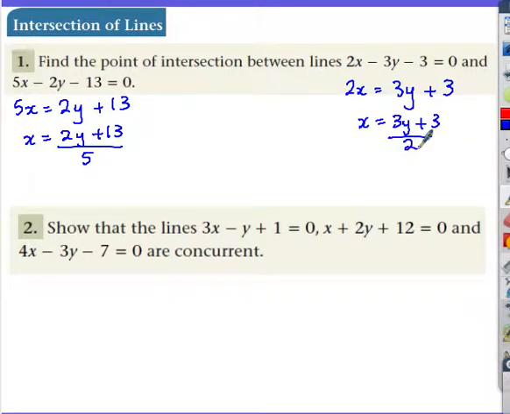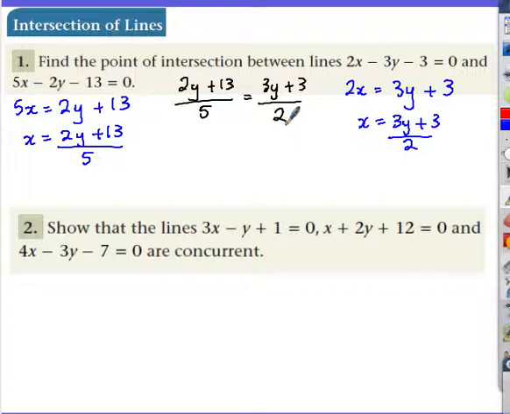Now this equals x and that equals x, so they're both equal to each other. 2y plus 13 over 5 equals 3y plus 3 all over 2.